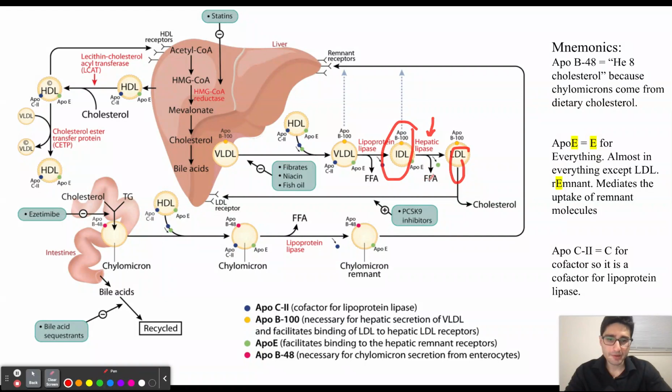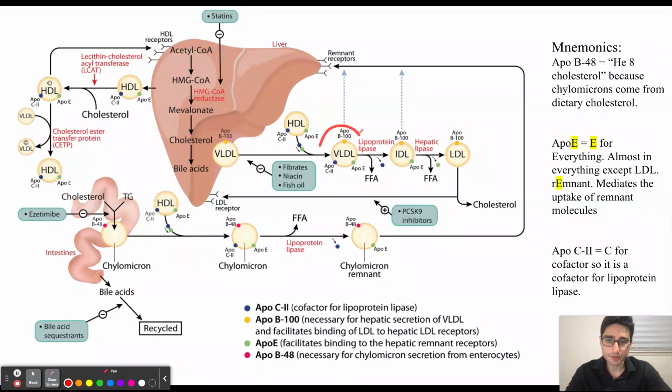And this is going to happen when we remove fatty acids from the IDL, and that way we can convert IDL into LDL. And when this step occurs, we're also going to be removing ApoE from the surface of IDL. And remember that LDL is only going to have ApoB100 on its surface.